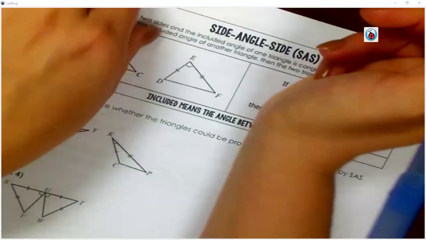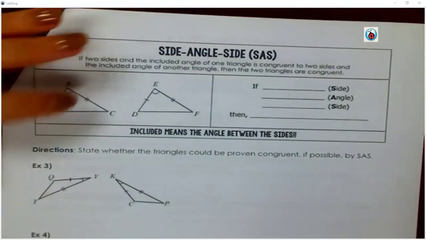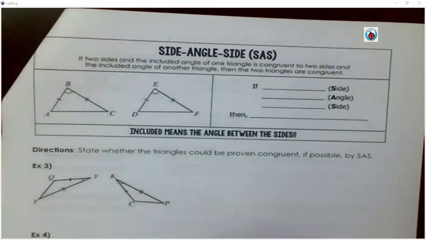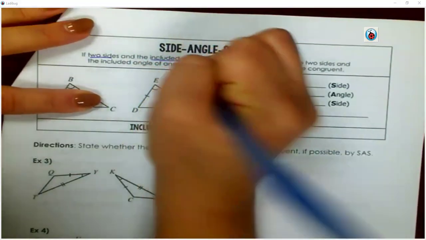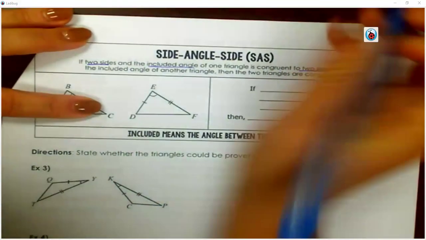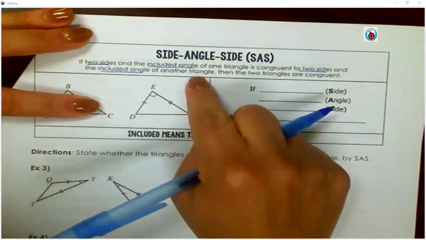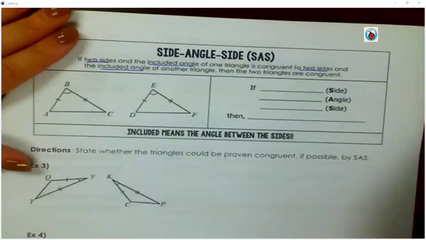Okay. Now, there is another type called side angle side. This one says that if 2 sides and the included angle of one triangle is congruent to 2 sides and the included angle of another triangle, then the 2 triangles are congruent. So this is what it is saying.